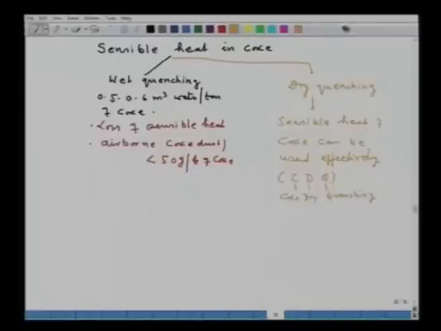Just a figure: 1 ton of hot metal, after losses, oxidation and so on, gives approximately 0.75 tons of crude steel.